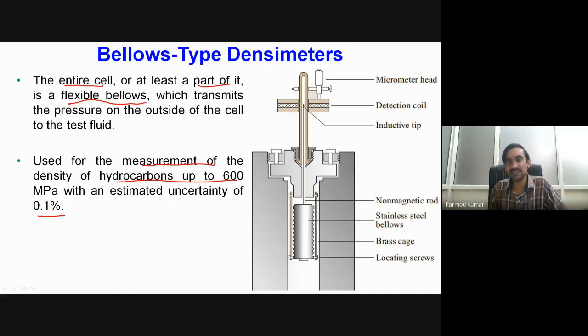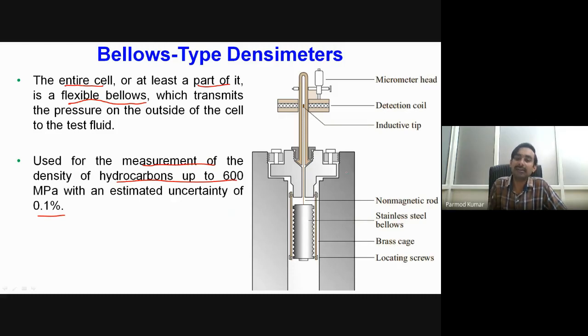Now let me explain the basic construction. We are having one bellow over here, and this bellow has a flexible boundary. It means it can change its outer shape. Then there is a locating screw over here, which is to locate this bellow at a particular location. This cage where it is located is made up of brass.